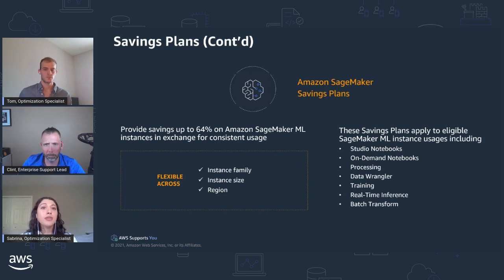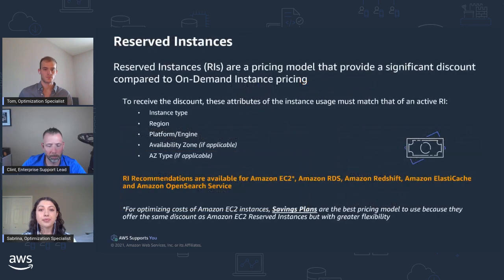So now that we've covered savings plans, let's take a look at reserved instances. Reserved instances, as I mentioned, are a pricing model in which a discounted rate is applied on top of resources that are being used steadily. And similar to a savings plan, with a reserved instance or an RI, you're committing to either a 1 or a 3-year term and have the 3 different payment options: all upfront, partial upfront, or no upfront.